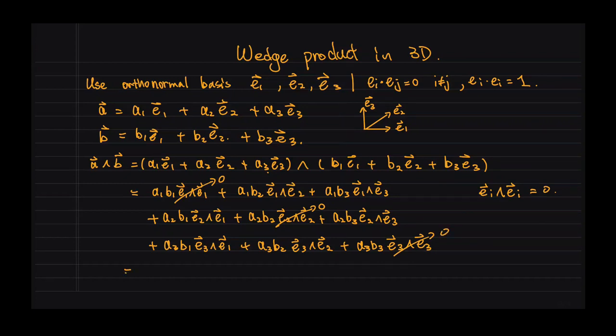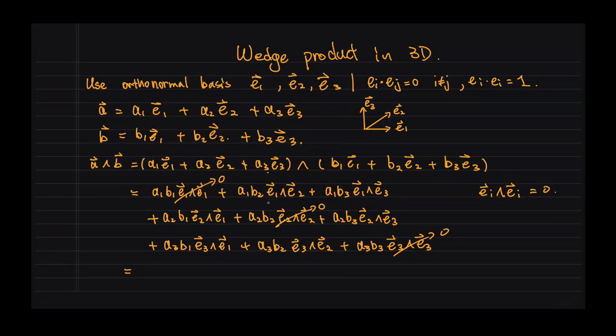So what is left is the vector wedge another vector that is not the same vector, and we are left with basically 3 different kinds of bivector.